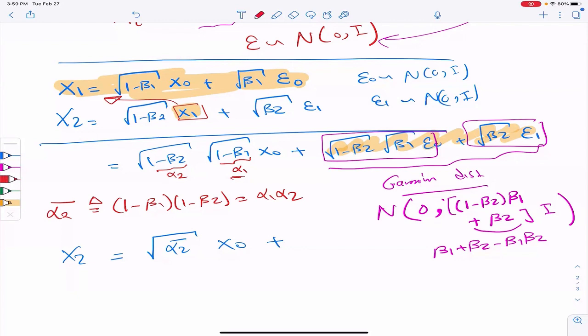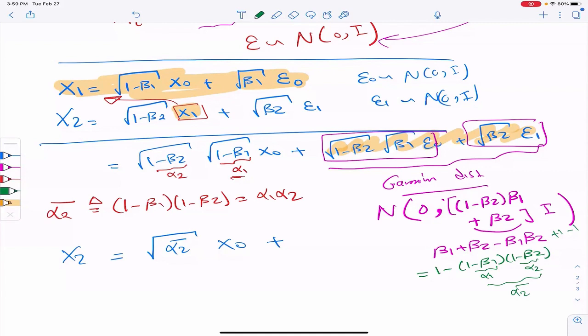If I add plus 1 minus 1 to it, do you agree that this is equal to this term? If you don't agree, you can double check it. Okay, so what is 1 minus beta 1? Alpha 1. What is 1 minus beta 2? Alpha 2. What is alpha 1 times alpha 2? Alpha 2 bar, right? Perfect.